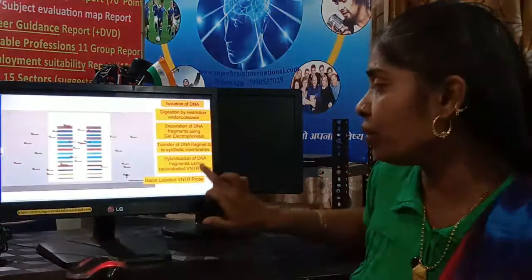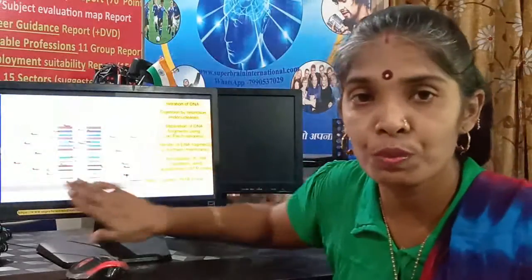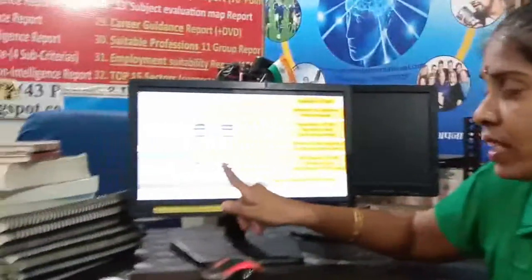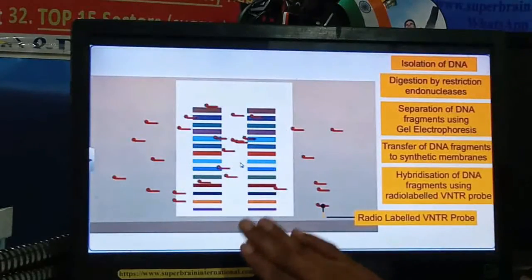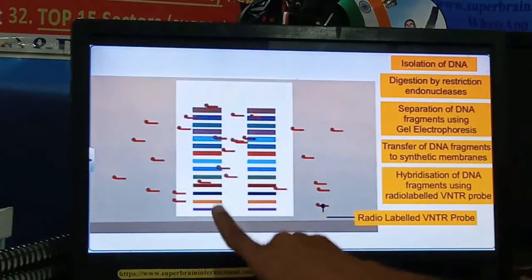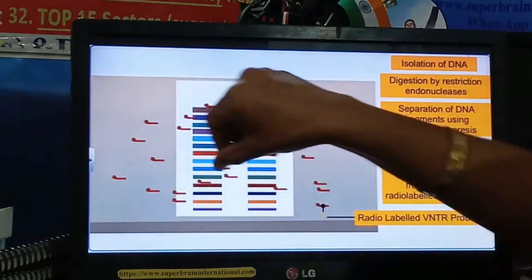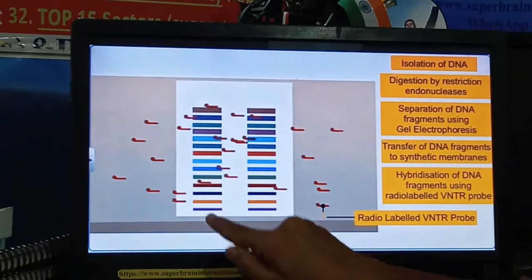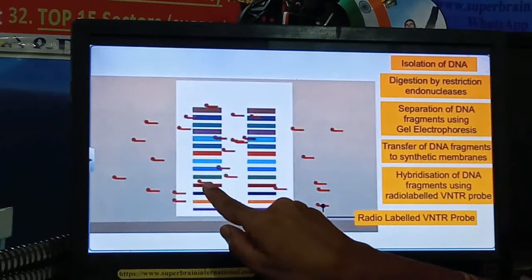Now these radioactive VNTR probes are what we spread on this nitrocellulose paper, right? The DNA on the paper is single stranded and these probes are also single stranded. So wherever complementary base pairing is there between a segment and a probe, they will attach to each other and form a double stranded structure, right?